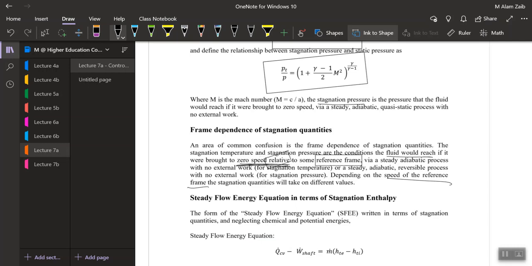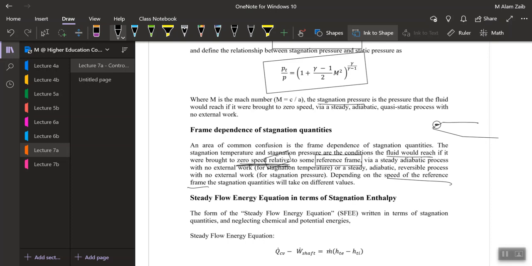For example, if an object is moving in space and a fluid hits the object at that point, then at that particular instant the relative velocity of the object and the fluid is zero, and that is what we mean when it is brought to a zero condition.